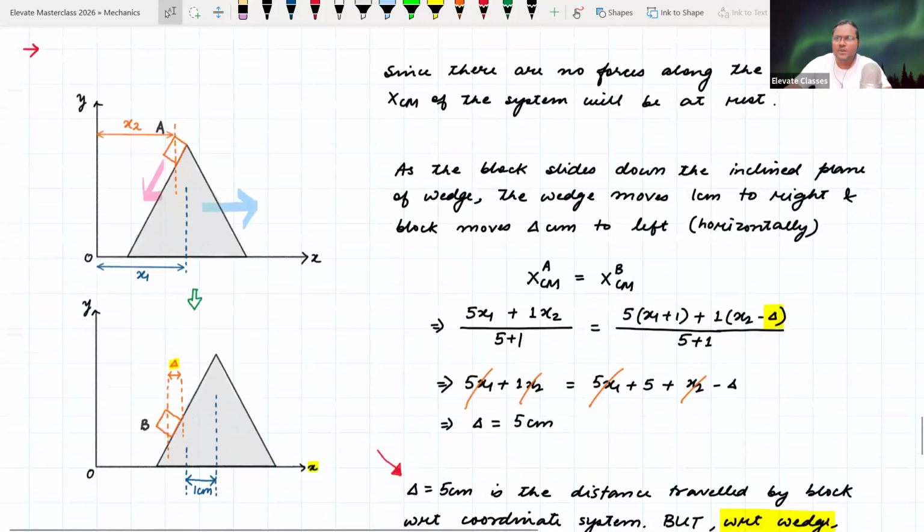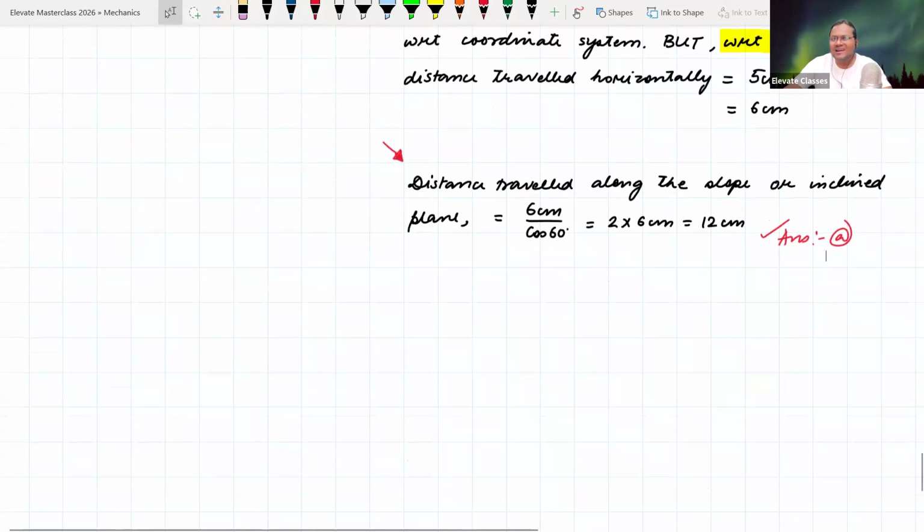We have 10 minutes left. So let me give you a slightly different kind of question that involves a center of mass which is not at rest.